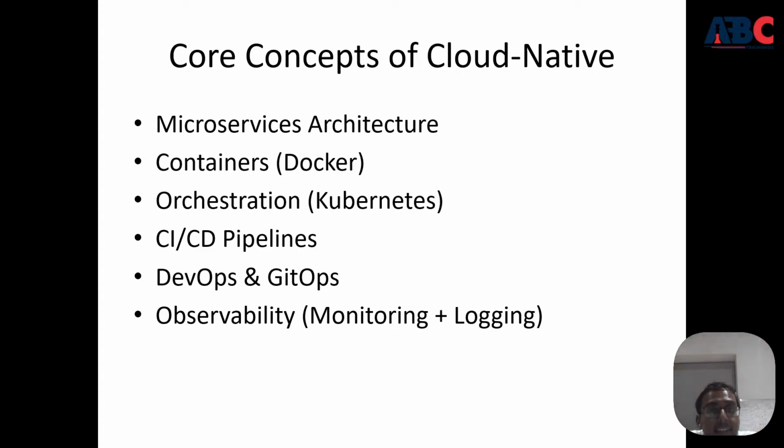Now, what is observability? That is, it monitors the application. It collects logs, metrics, and traces. That is, if there are any issues, or if our application is lagging at any specific feature, or if there is any issue in any functionality or in any feature, then what observability does is that it collects those logs or those errors and sends them to the debugging team, and what the debugging team does is it works on those issues and resolves them.